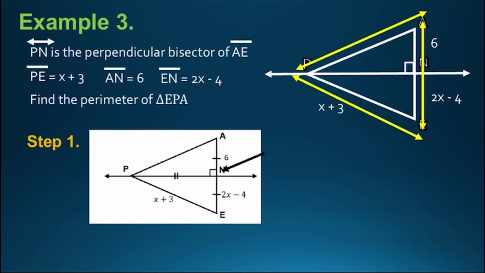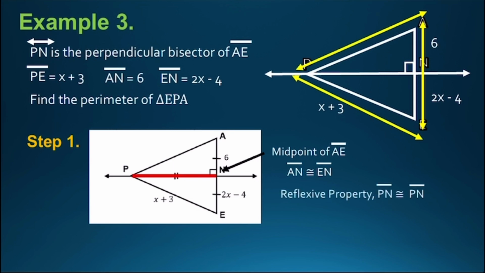Therefore, point N is the midpoint of line segment AE, and we can say that line segment AN is congruent to line segment EN. And by reflexive property, line segment PN is congruent to line segment PN.